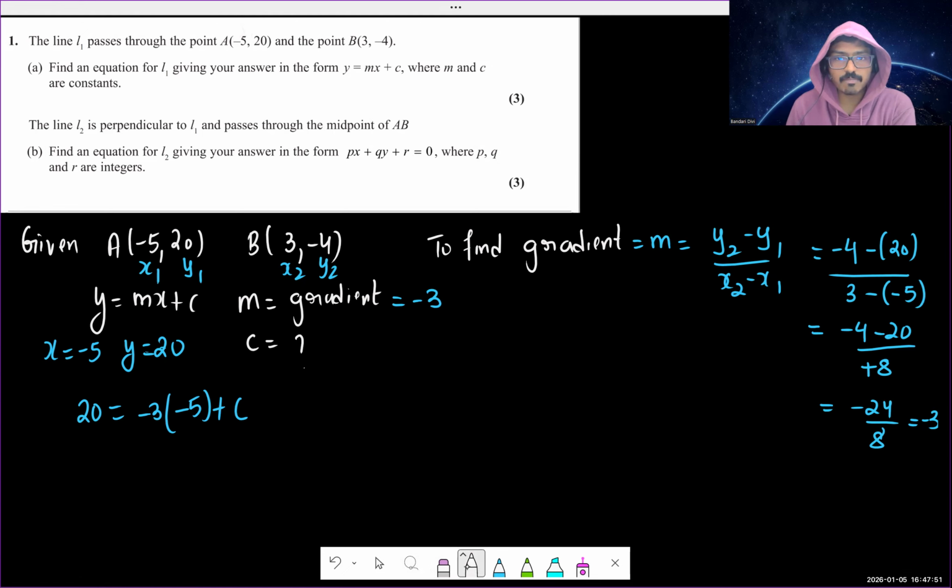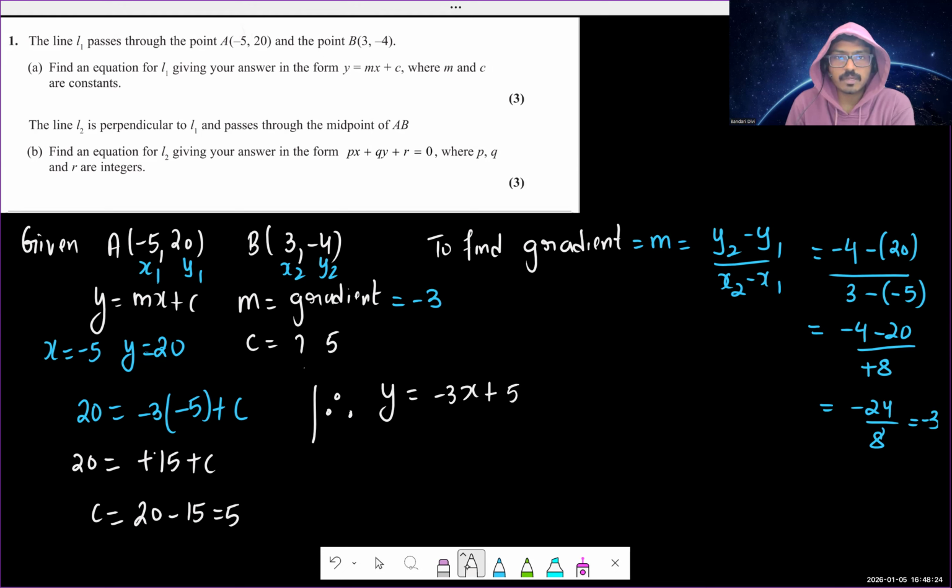Negative times negative is positive, so 20 = 15 + c. So c = 20 - 15, which is 5. Therefore we can write the equation of the line as y = -3x + 5.